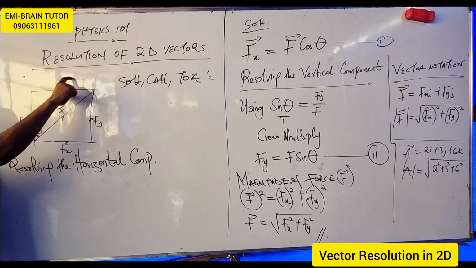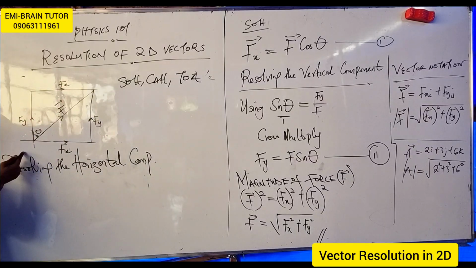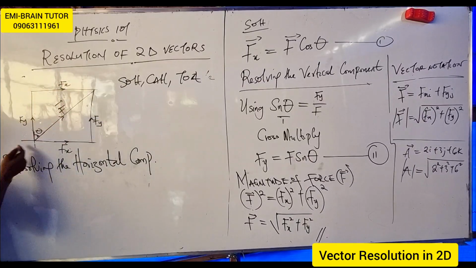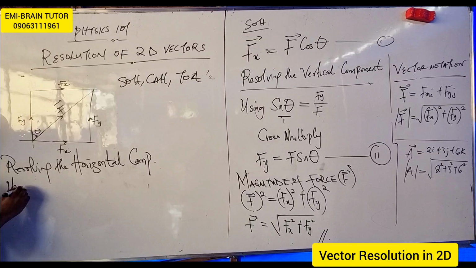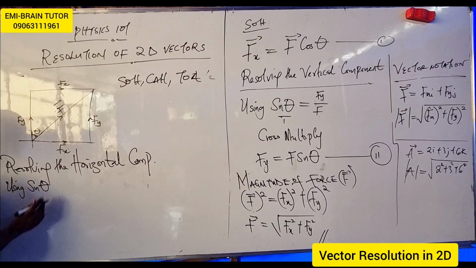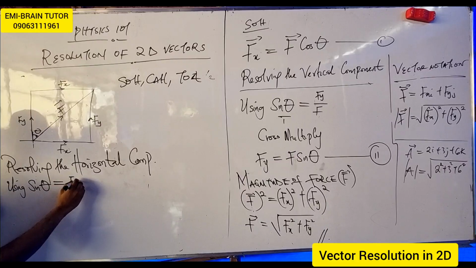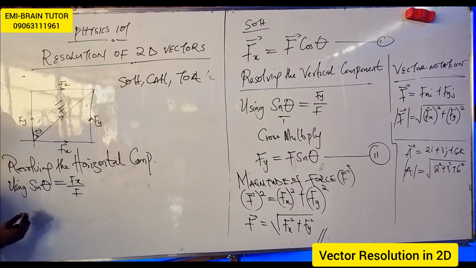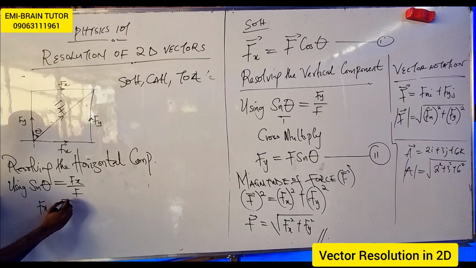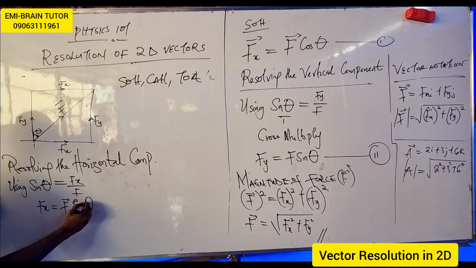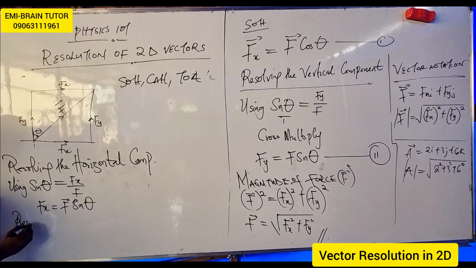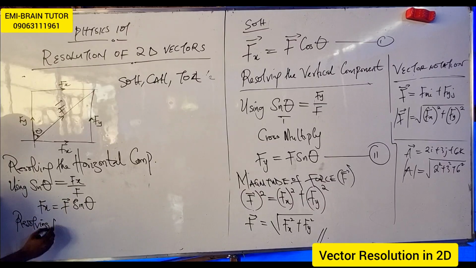I have opposite and hypotenuse, so I will use sin theta equals Fx over F. Cross multiplying, Fx equals F sin theta.